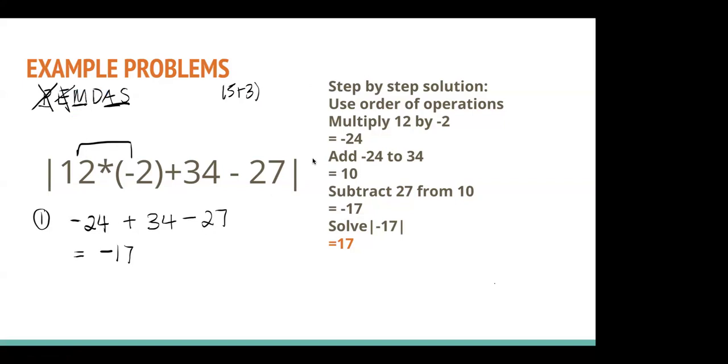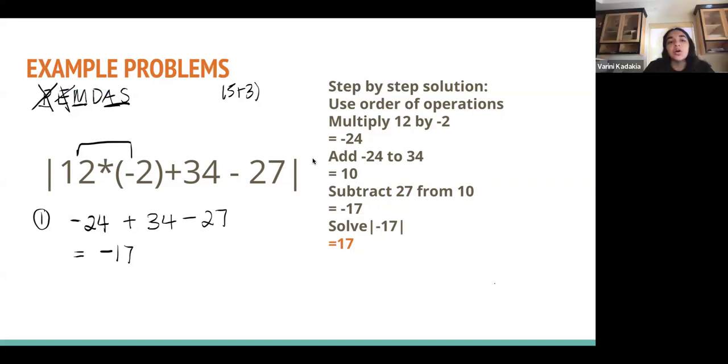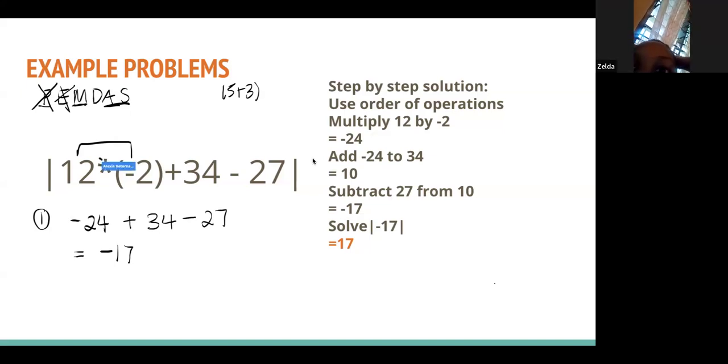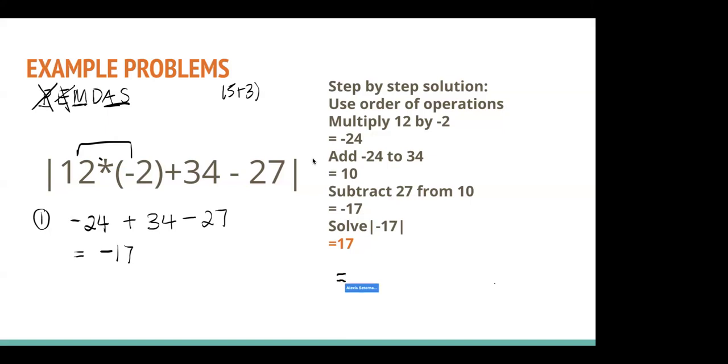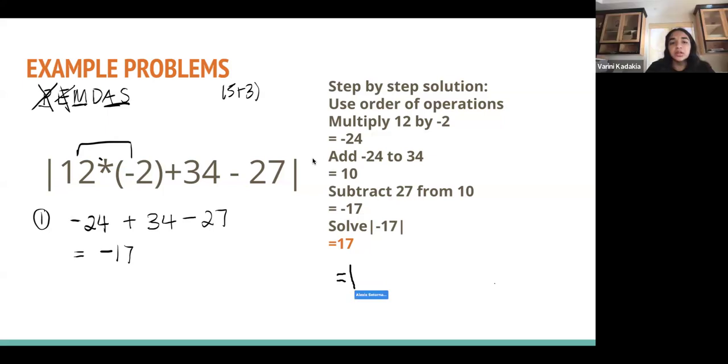Yes, right? So our first step. Please, why is it that 12 times -2 is -24, but not +24? Because it's minus 2. So basically our first thing should be to simplify the expression within the absolute value.